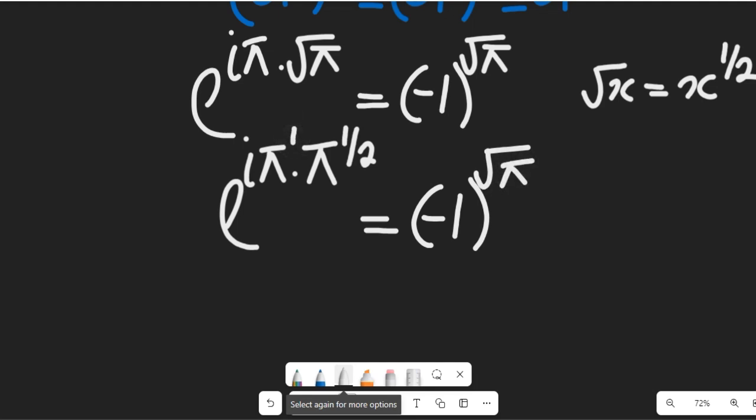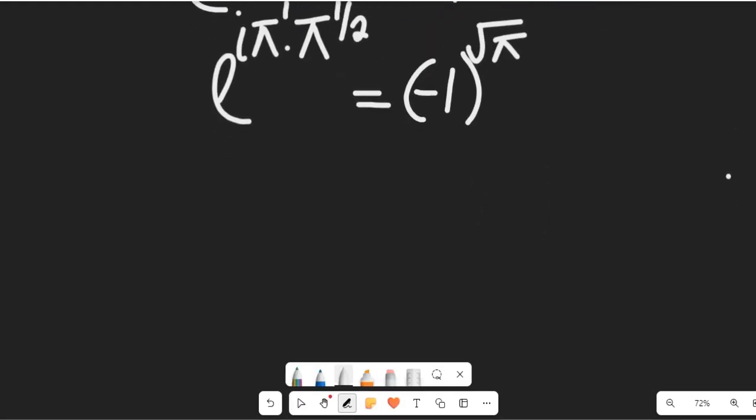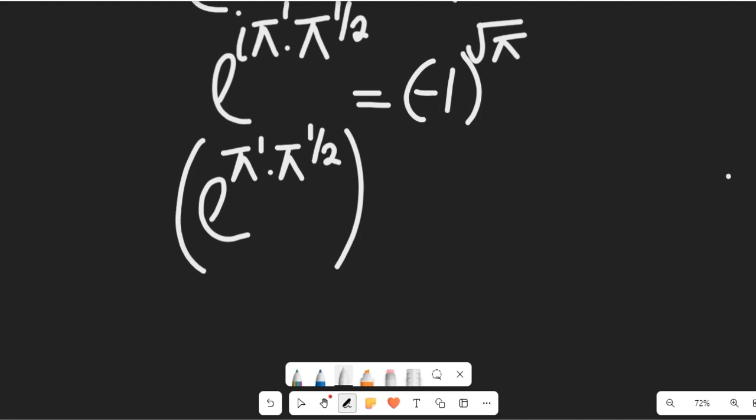Remember, this is carrying a power of 1, right? And from the laws of indices, I can simplify that. But before I do that, I can simply write this as pi to the power of 1 multiplied by pi to the power of 1 divided by 2. All of these will be to the power of i, right? Indices permits me to do that, and this will be negative 1 to the power of negative pi.